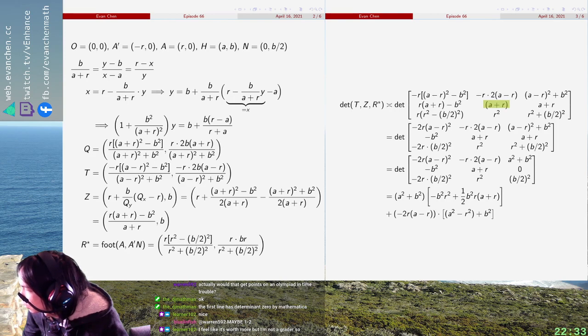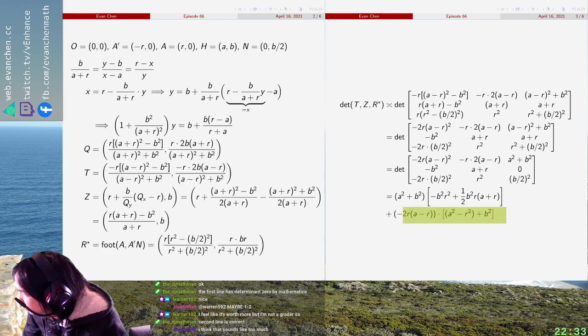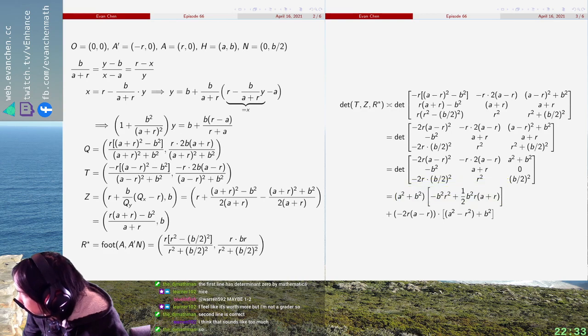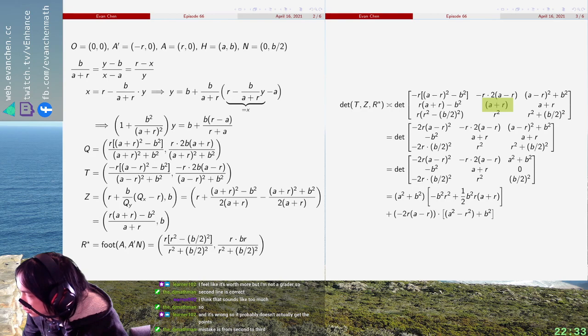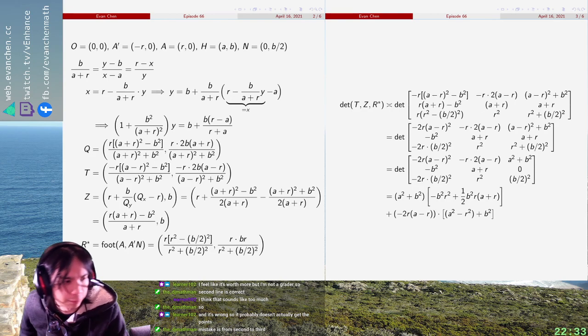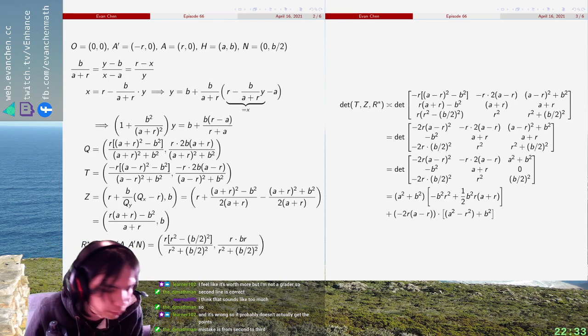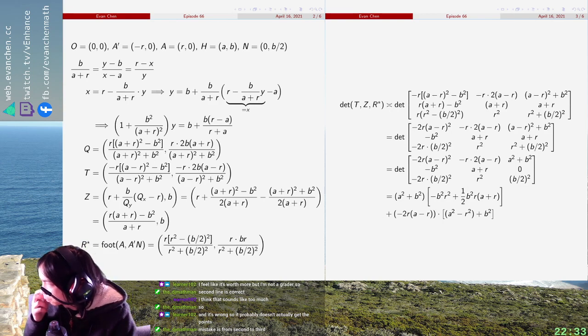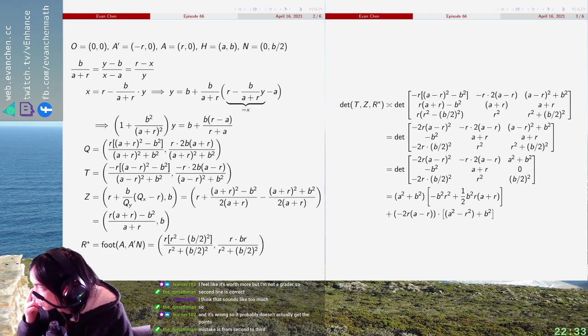Hang on, this degree doesn't even match. This is degree 4. This is degree 6. Okay, something really went wrong. This term. There were some phantom factors of b that I removed, right? Two, 1, 1. So this is 2, 1, 2. This is still degree 2, 1, 2.